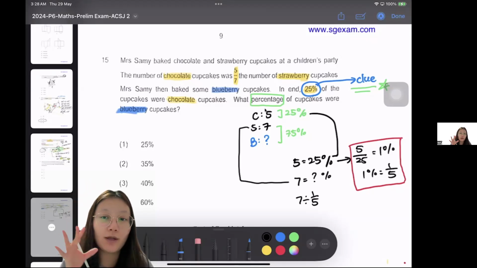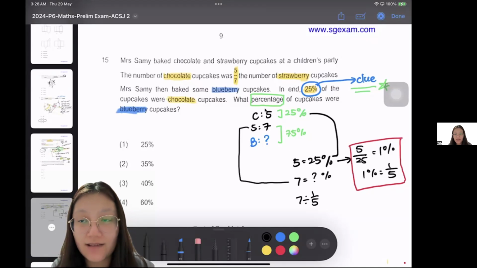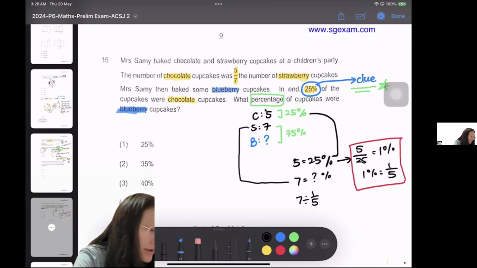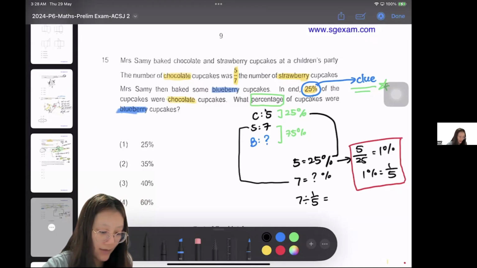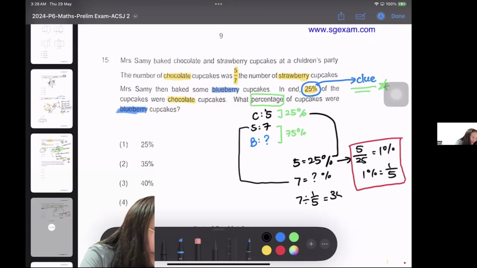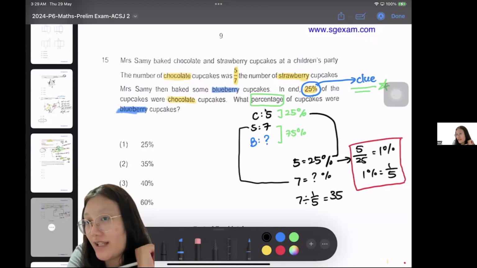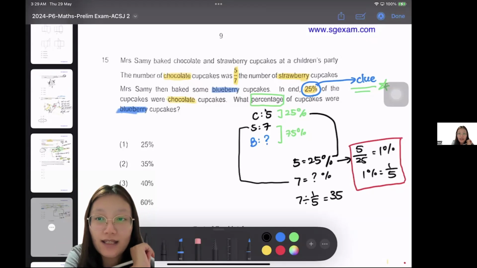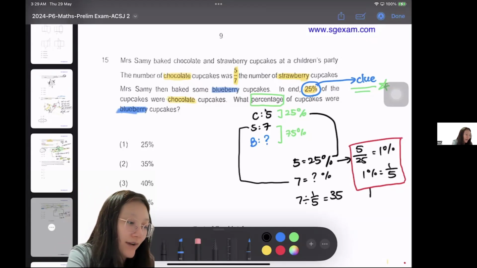Okay, so you take 7 divided by 1/5 to find how many 1/5 there is inside of 7. So, yes, okay. Let's see how many of that, okay? 7 divided by 1/5. 35. So there is 35 1/5 inside of 7, which also means there is 35, okay, 1%.